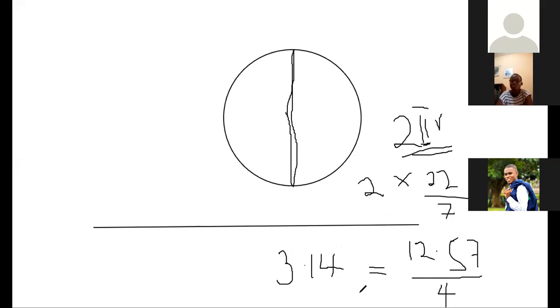Now, if you are given the radius of any circle and you are asked to find the circumference, and you find the circumference and divide it by the diameter, you'll be getting what? 3.14. For example, solve it on your calculator. We have a radius of 2.5, so it will be 2 times 22 over 7 times 2.5.